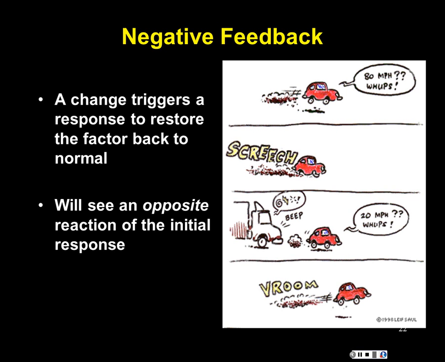So in other words, if a receptor monitors something and it's below set point, negative feedback will kick in and bring that factor back up to set point. So negative feedback, there's an opposition, to bring the factor back to set point, back to maintain what? Homeostasis.